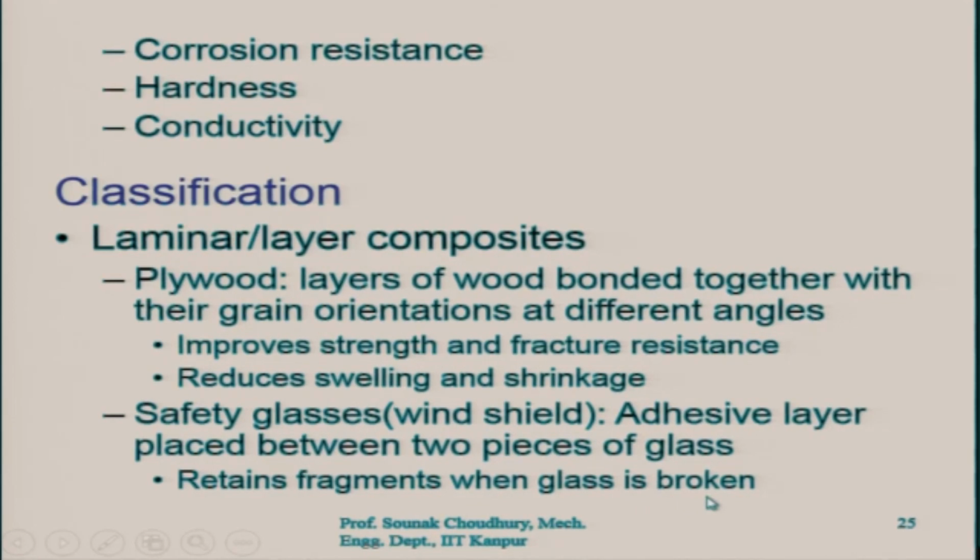You might have seen that if a stone hits the windshield of an automobile, it does not come out; it breaks and the pieces stay there. This is done by the adhesive layer between the two pieces of glass. So, this is also a kind of composite material, as per the definition.